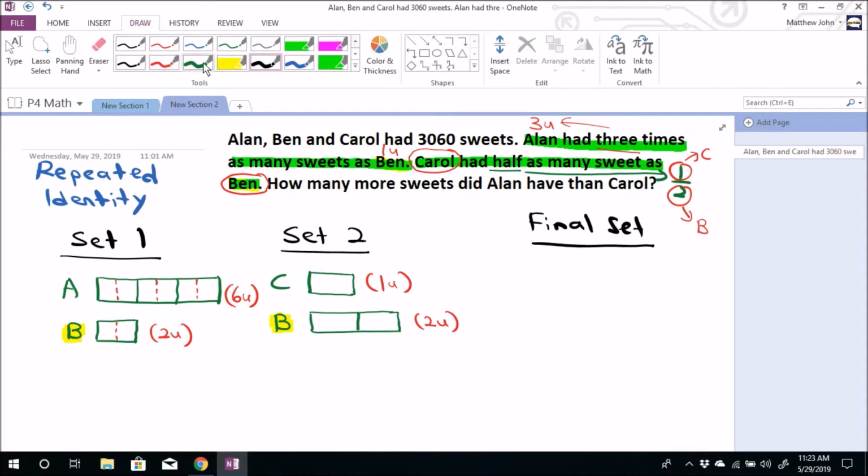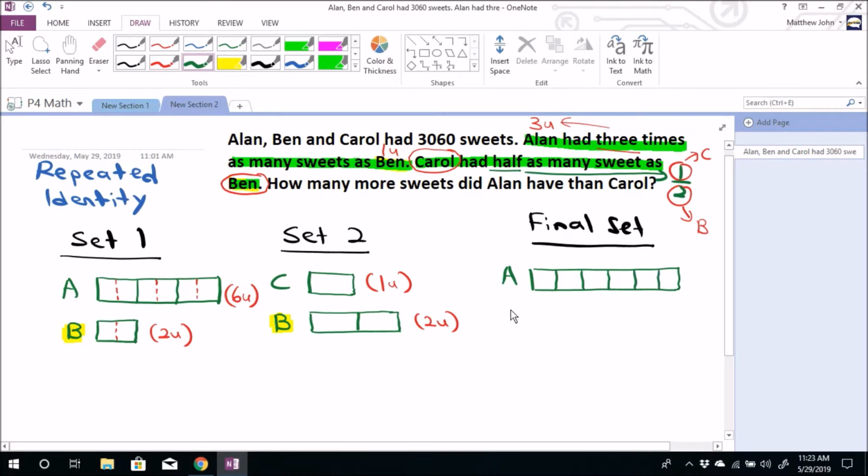So Alan is how many units? 6 units. So I draw 6 units here. And then Ben is 2 units, right? And then Carol is 1 unit.